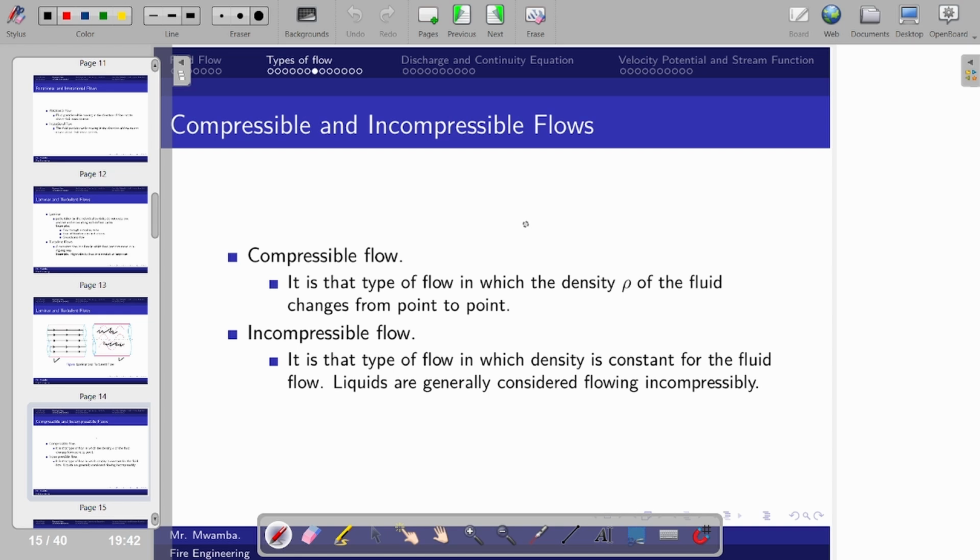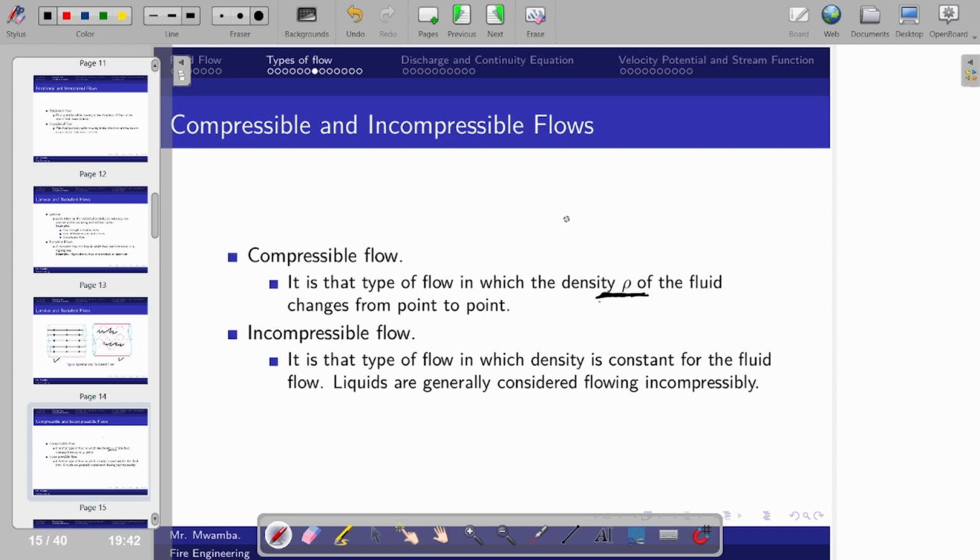Then compressible and incompressible flows. Compressible flows are types of flows in which the density changes from one point of the fluid to another, and this can be caused by the pressure. The brake fluid that we use in vehicles can be considered an incompressible fluid, because when you put pressure from the pedal, the response is almost instant.